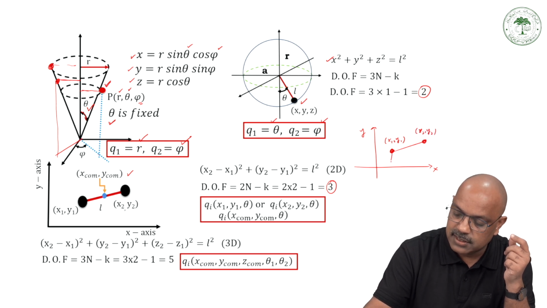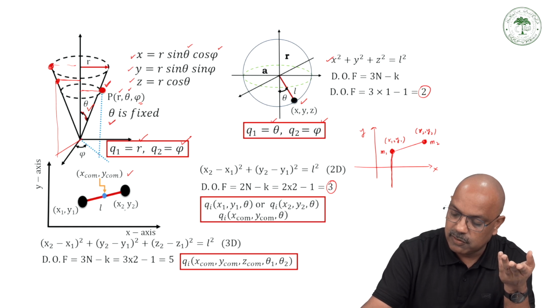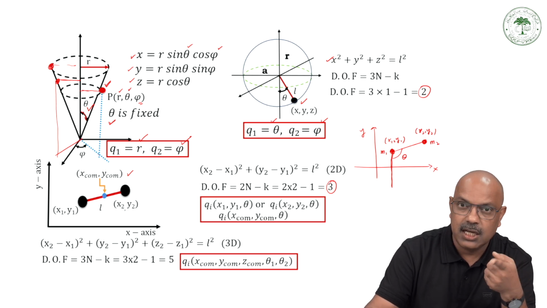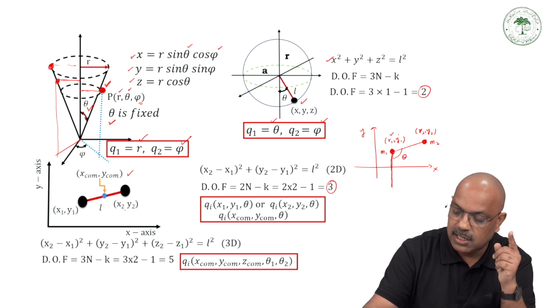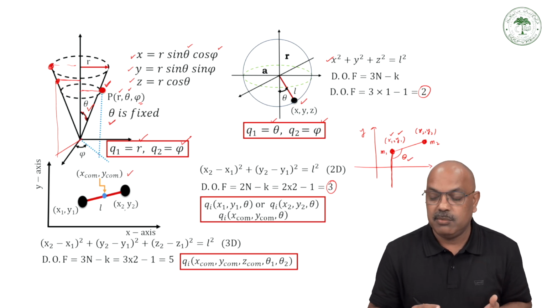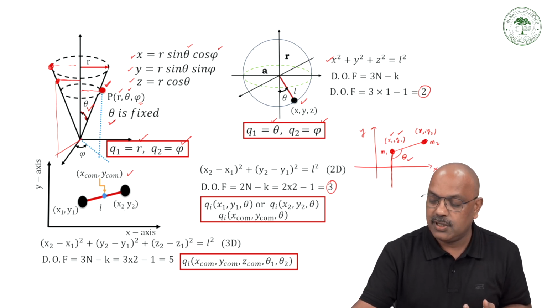This is m1, this is m2. The moment I fix this, I can tell the position of m2 by configuring this angle theta. Okay, so if I tell you what is x1 and y1 and what is theta, you can quickly tell me what is the position of m2.